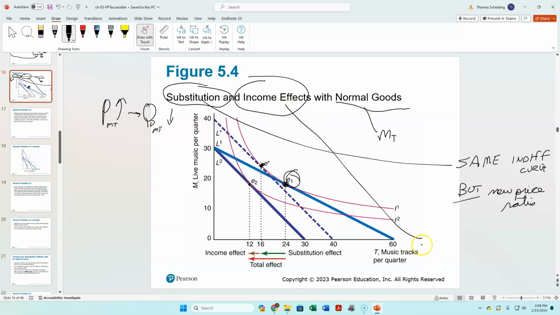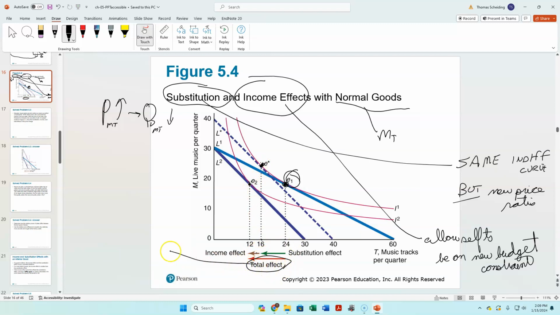Now, for the income effect, I'll allow myself to be on the new budget constraint. So now I allow myself to be on this new budget constraint line, and that change from E star to E2 is my income effect.